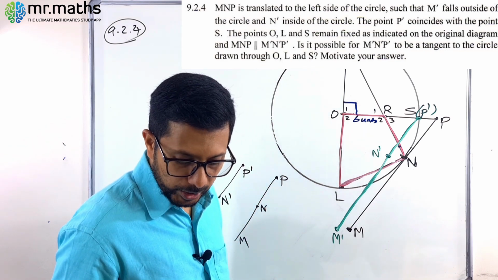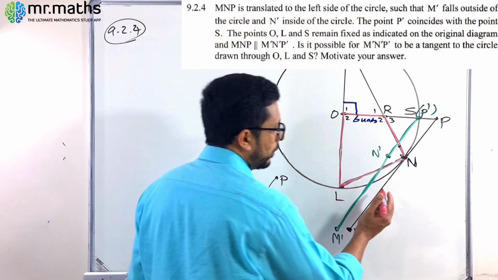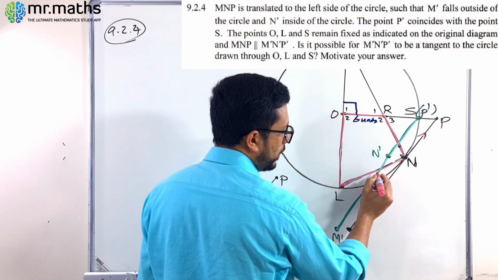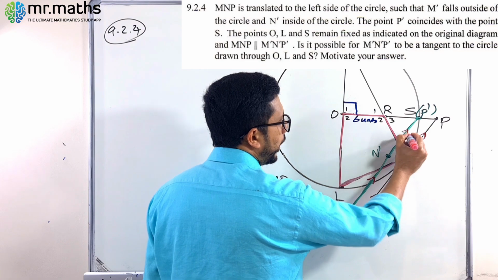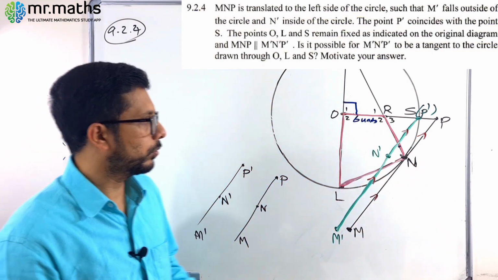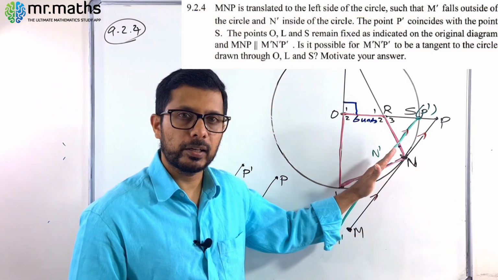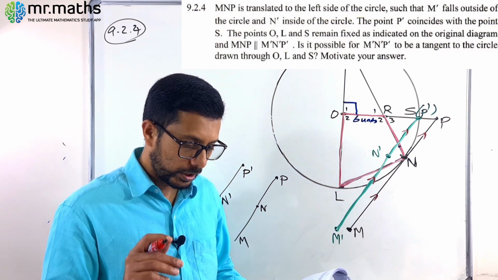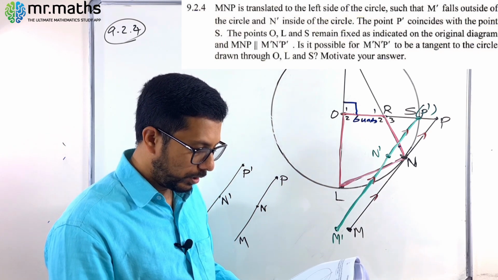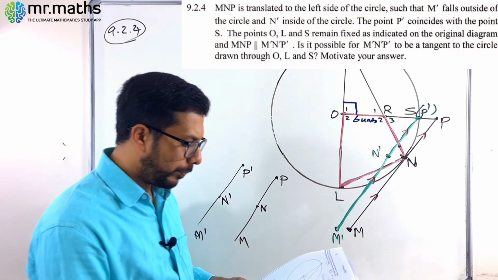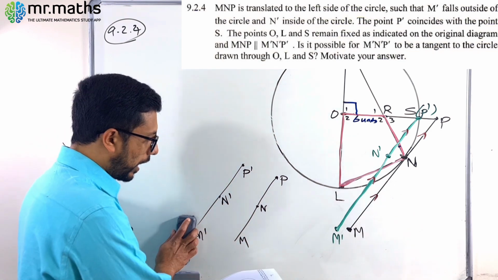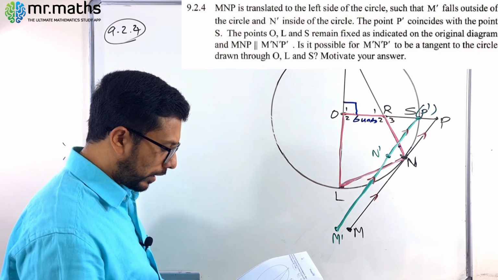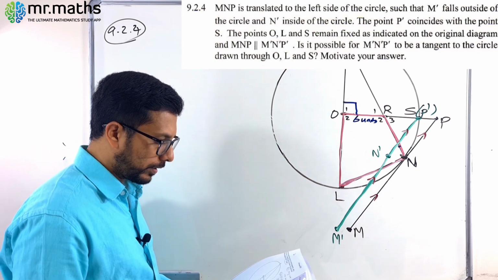So it means these two lines are parallel. That's a very important clue. Now the question is: is it possible for M dash, N dash, P dash to be the tangent to the circle drawn through O, L, S?